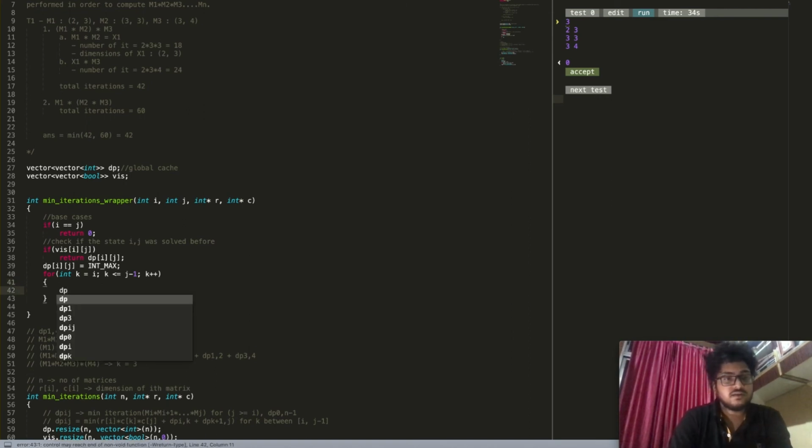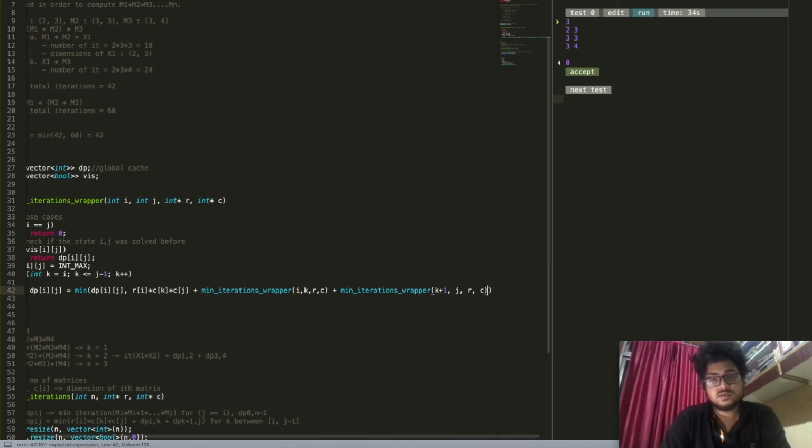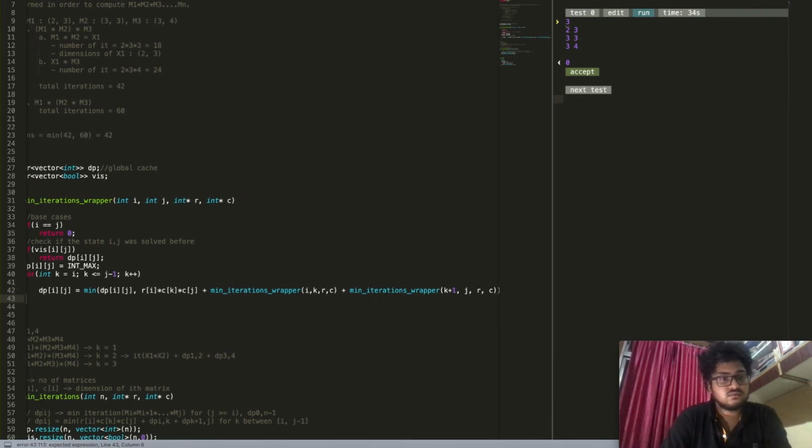All we need to do is update the value of DP of I comma j as the minimum of DP of I comma j, the number of multiplications, that is R of I star C of k star C of j, plus min iteration wrapper I comma k comma R comma C, plus min iteration wrapper k plus 1 comma j comma R comma C. This represents our recurrence relation, if you notice.